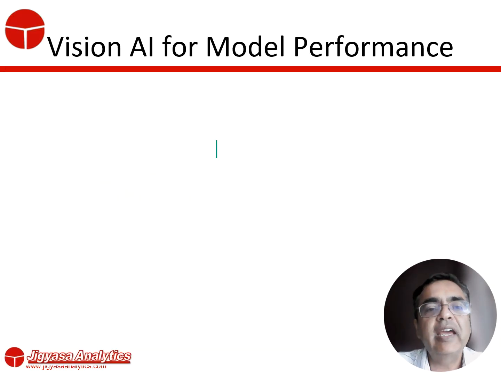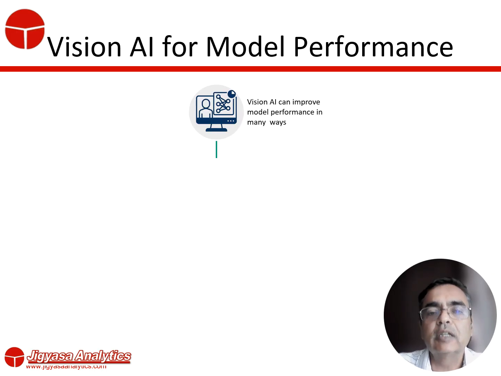Vision AI models use pictures instead of tabular data as inputs. The area of computer vision is a very important and significant part of artificial intelligence, and vision AI models can help with credit risk model performance in many ways.